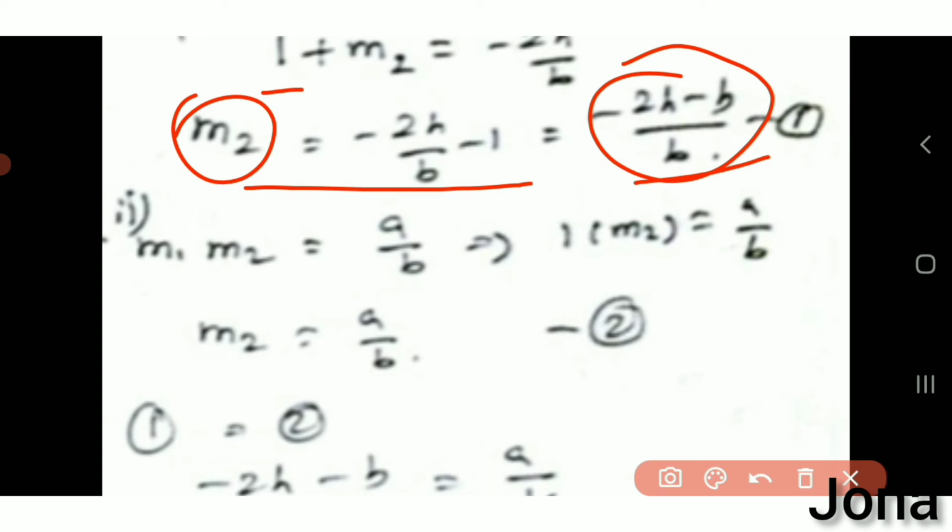And then we want to find the product of m1 and m2. It's nothing but a by b. So here m1 is 1, and 1 into m2 equal to a by b, so m2 equal to a by b. We already have the value of m2.